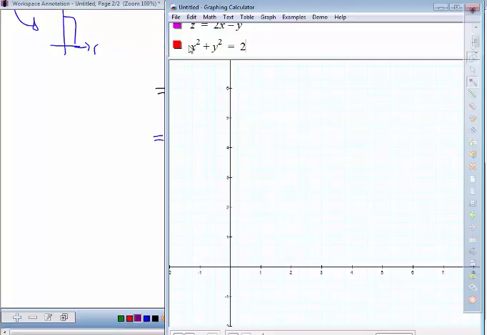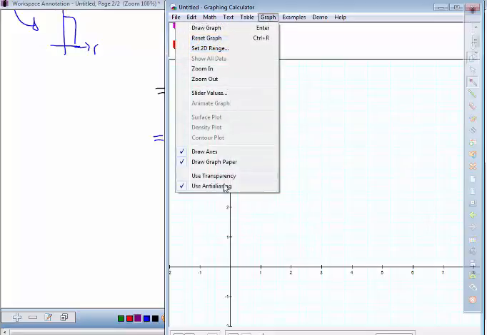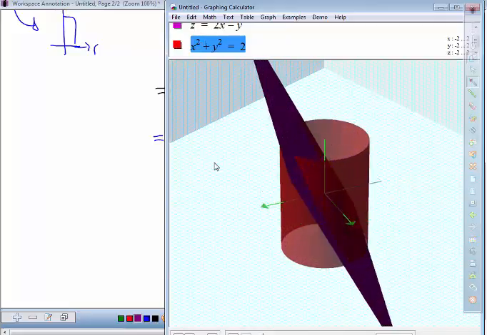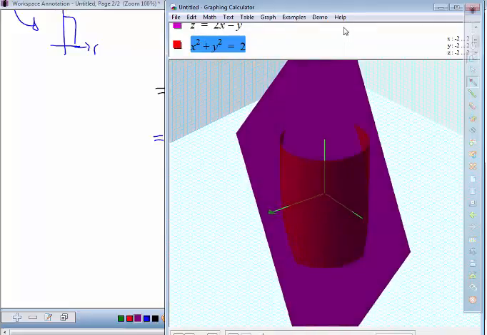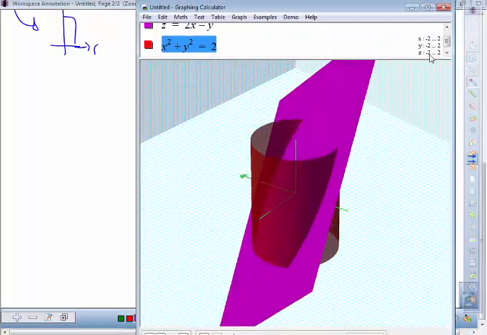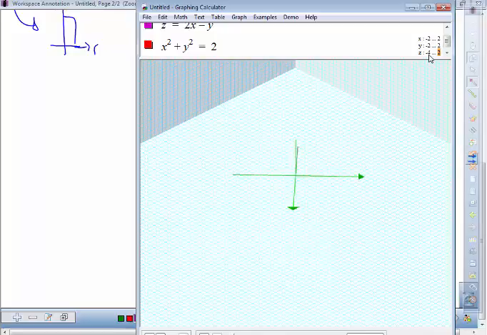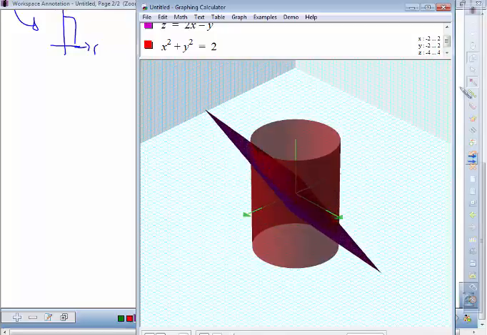And then, so let's get this set up now. Let's make this transparent. And maybe zoom out a little bit. I think I'm happy with the x and y, so let's just move the z a little bit.